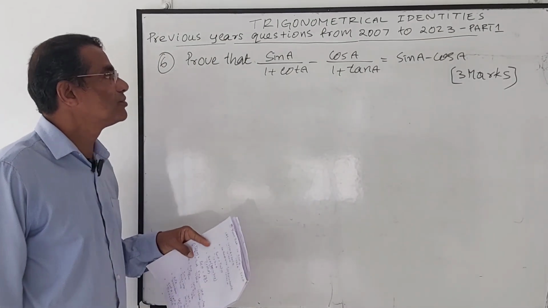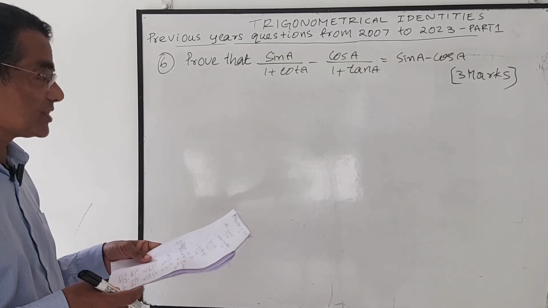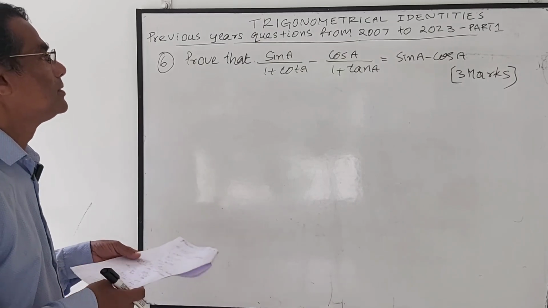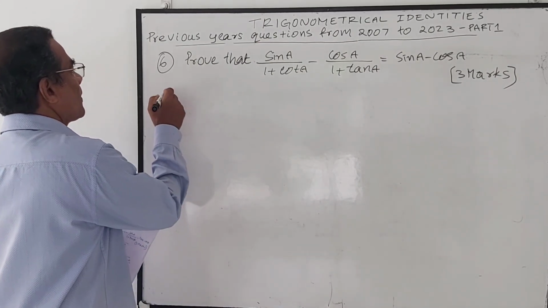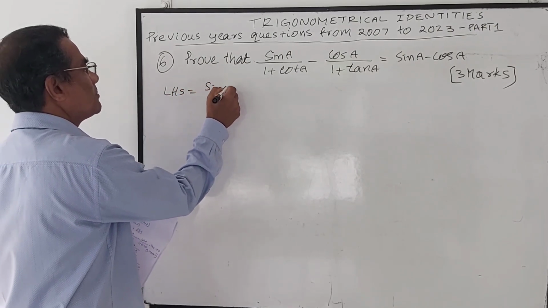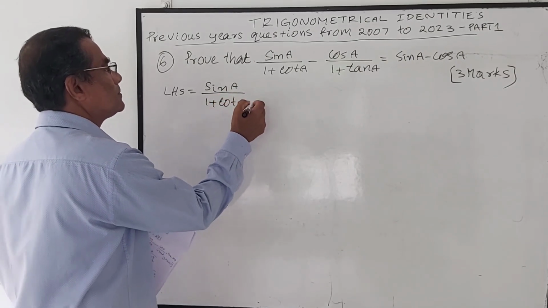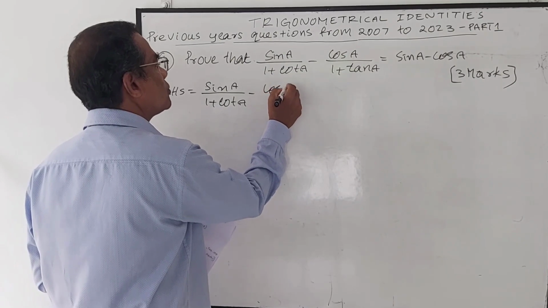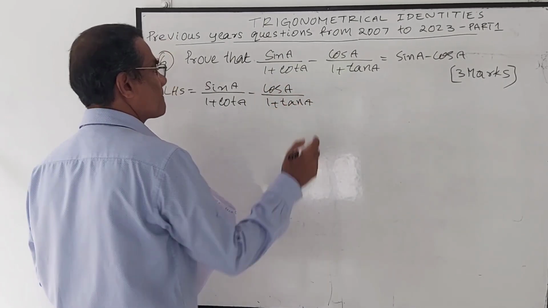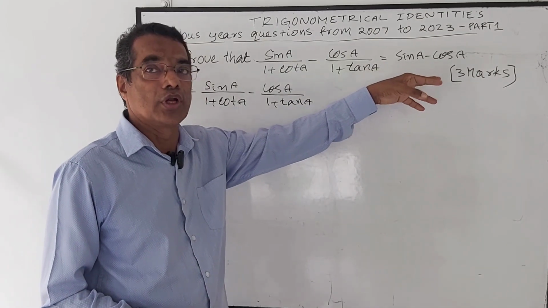Sixth question is, prove that sin A by 1 plus cot A minus cos A by 1 plus tan A equal to sin A by cos A. Left hand side equal to sin A by 1 plus cot A minus cos A by 1 plus tan A. See, the right hand side is sin and cos only.